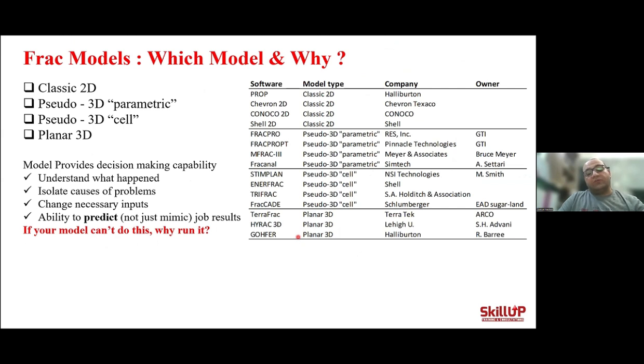So if your model cannot predict the fold increase that will happen after the job, and it cannot predict the post-frac production profile, I mean the cum oil and gas, then why do you need this model, right? I mean, you need a model to get an accurate prediction of the results.